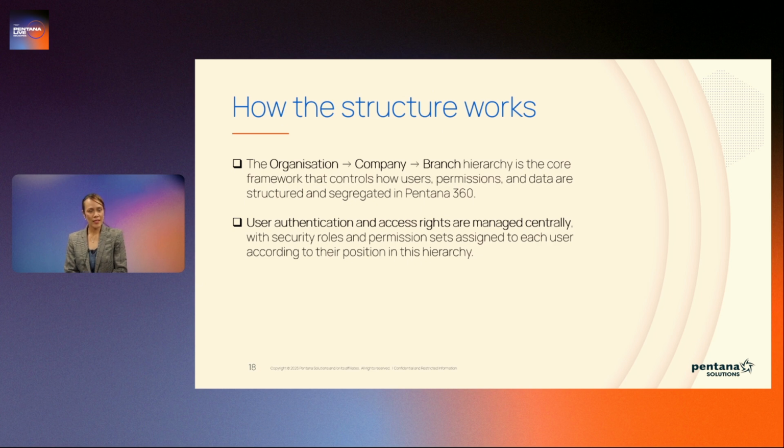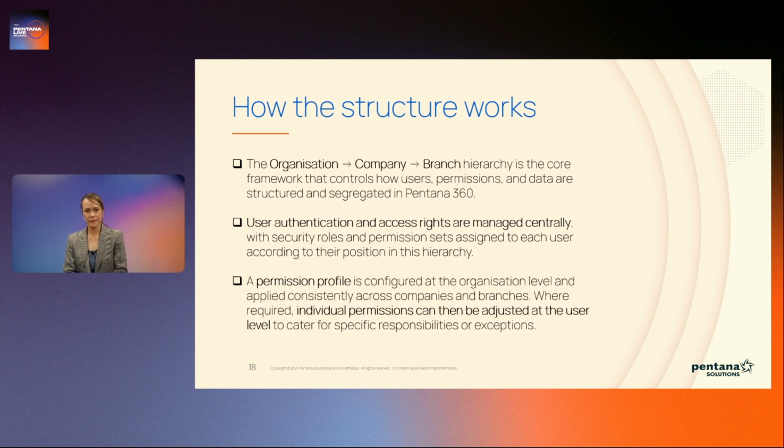User authentication and access rights are managed centrally, but the scope of what a user can do is tied to where they sit in the hierarchy. A user might be attached to one or more branches, or operate at a company level, or have organization-wide responsibilities. A permission profile is typically configured at the organization level.